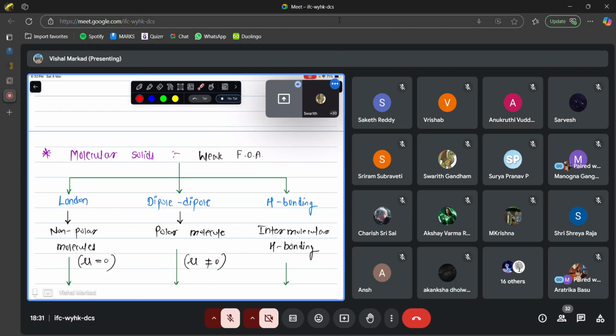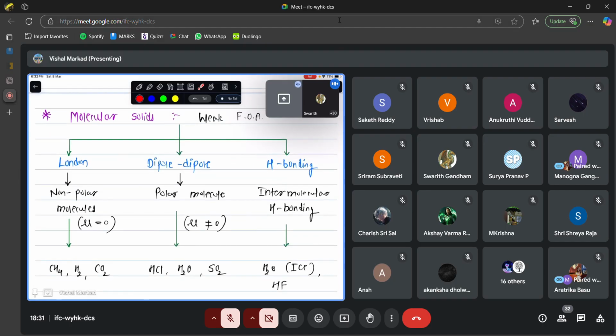Non-polar means dipole moment will be 0. CH4, dipole moment 0, H2, dipole moment 0, CO2, dipole moment 0. So how is one CH4 molecule attracted toward another CH4 molecule, which forces will be there? London forces between them.